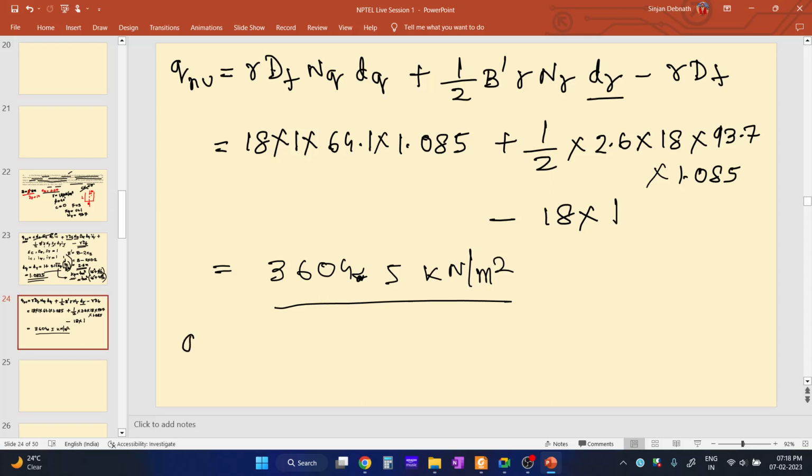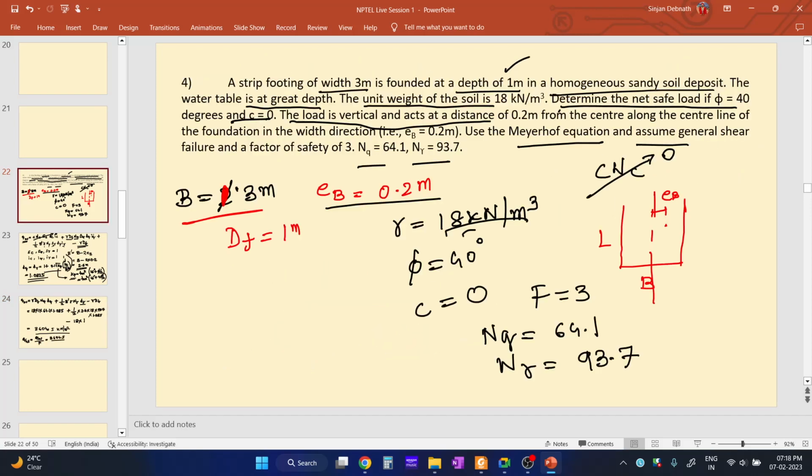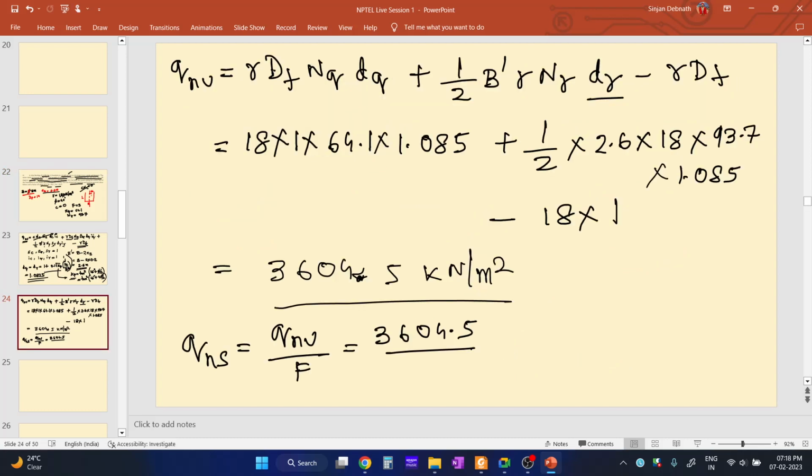So qns equal to qnu by F. 3604.5 divided by the factor of safety. What is the factor of safety? It is 3. So this one is 1201.5 kilonewton per meter square.